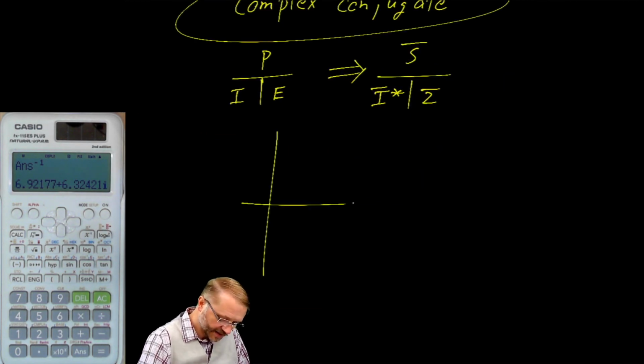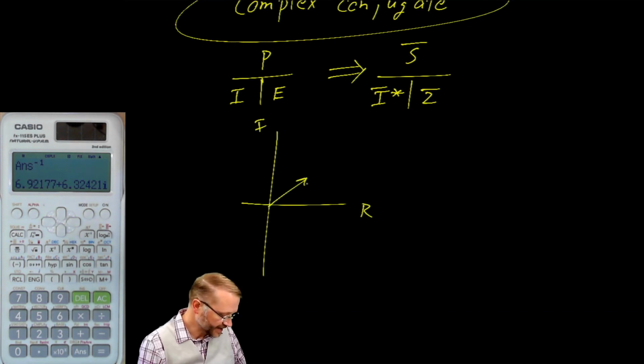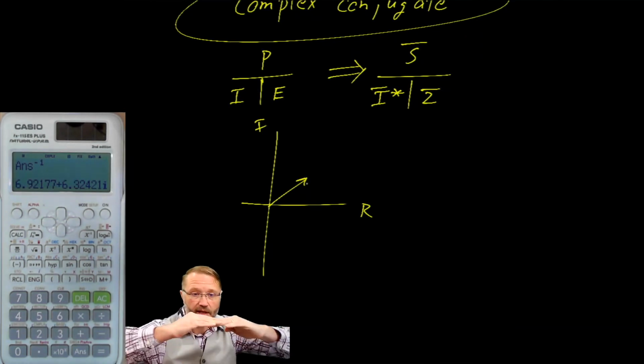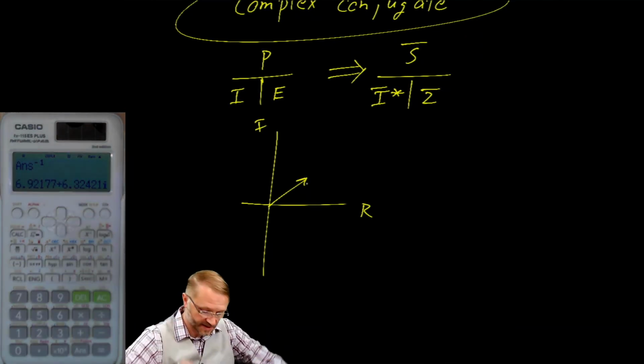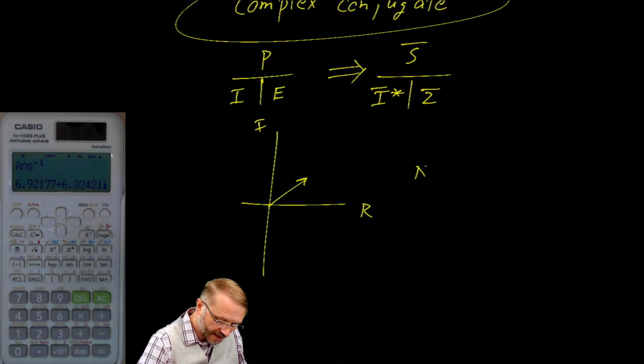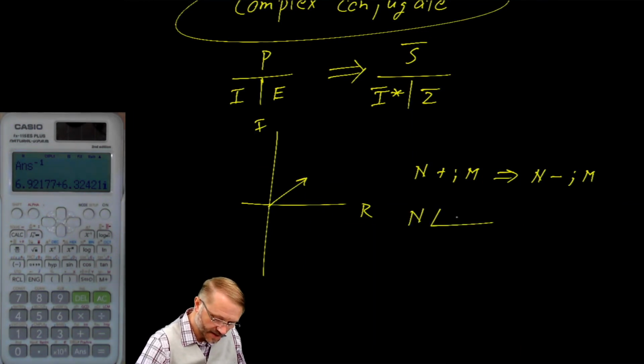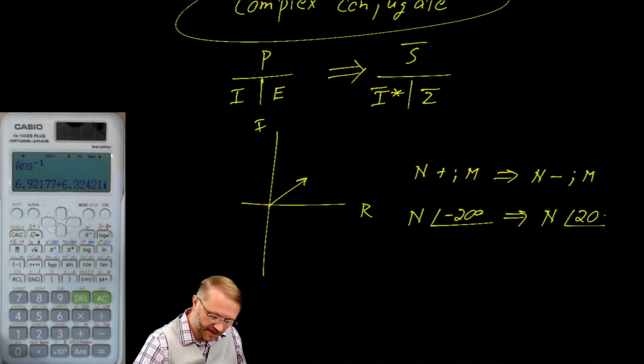It basically tells us if you have something like this, all you're going to do is pivot it about the horizontal axis. So if you have a vector described as n plus jm, that becomes a complex conjugate of n minus jm. Or if it was in polar form, so you had some n at, say, I don't know, negative 20, that would become n at 20 degrees.